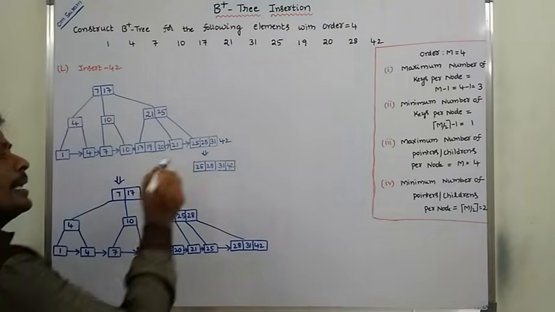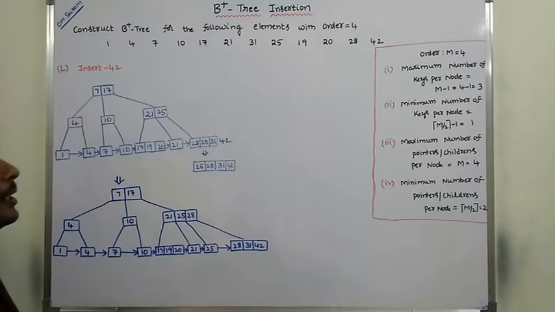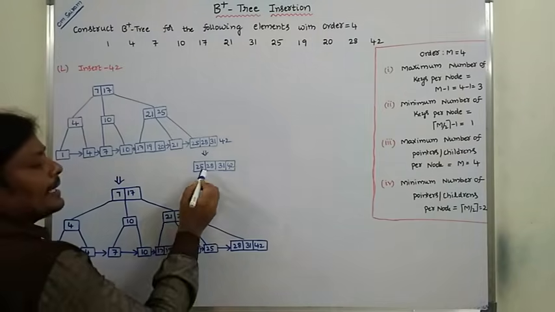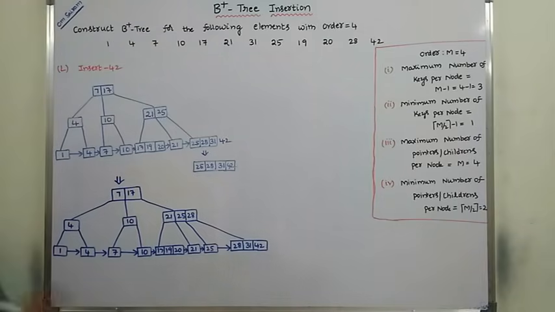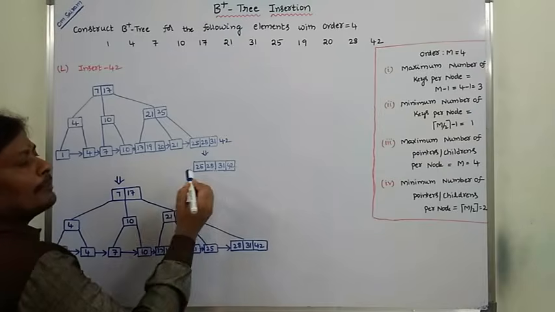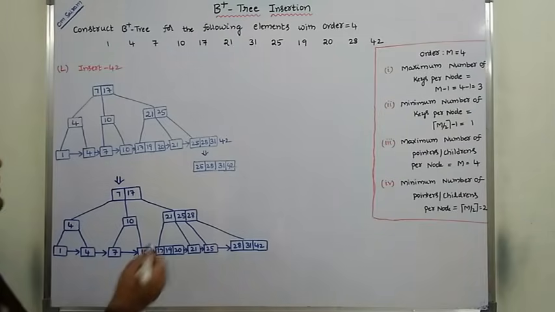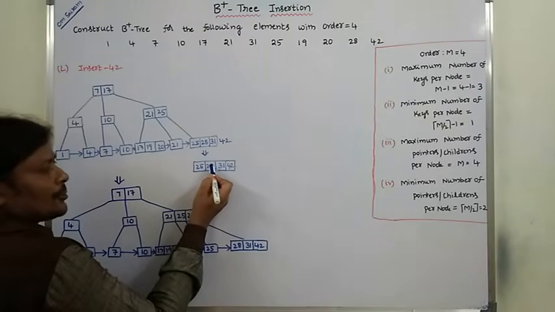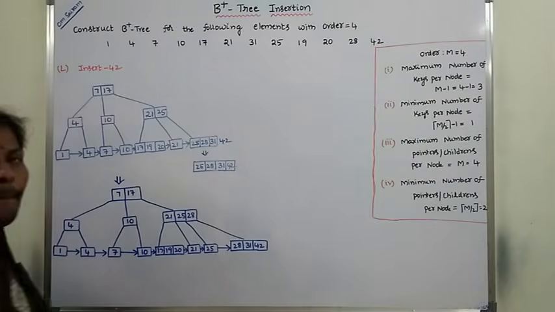To convert this invalid node into a valid node, we have to perform the splitting operation at the middle node. Here 4 elements are there, and the middle element is the second element, that is 28. So this 28 can be added to the parent.